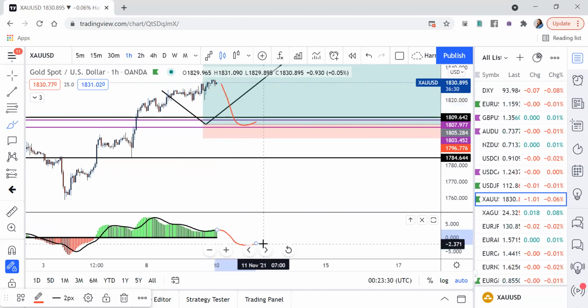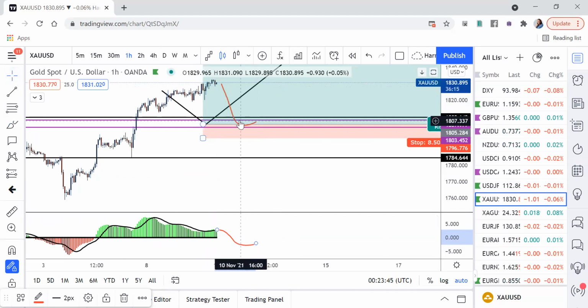And then I will take my buy. Once those line up, I will take my buy for sure. So I'm definitely interested in gold, just waiting for it to come into this zone.